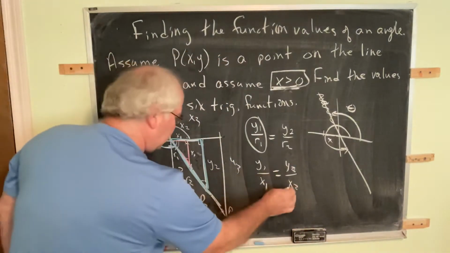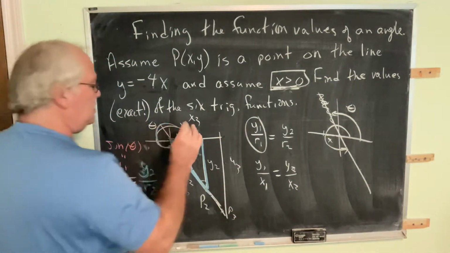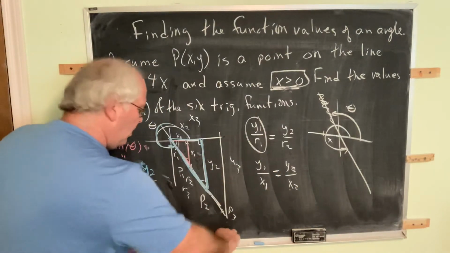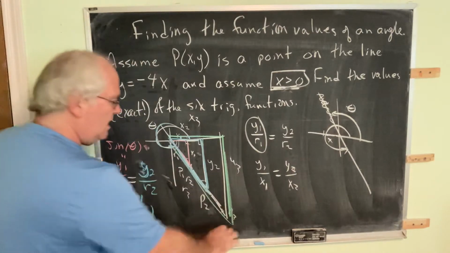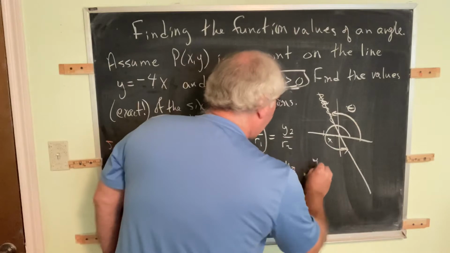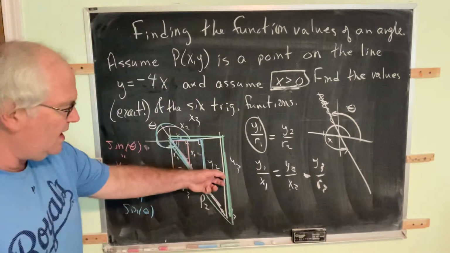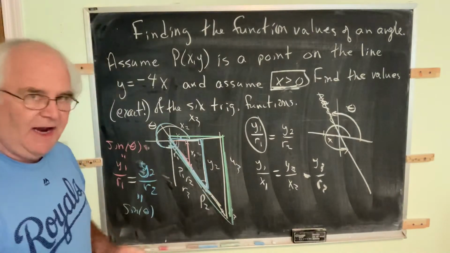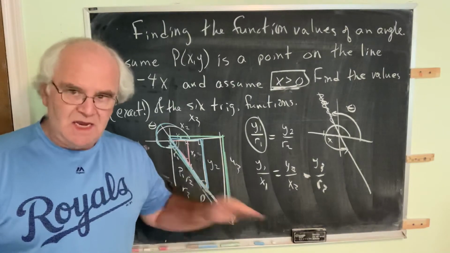But that is tangent of theta in the large blue triangle. So tangent using the small red and tangent using the large blue, or for that matter, tangent using this very large green one, y3 over x3, they're all the same because those are similar also. It doesn't matter which triangle we pick, meaning it doesn't matter which point on the line we choose. All the function values are always equal.